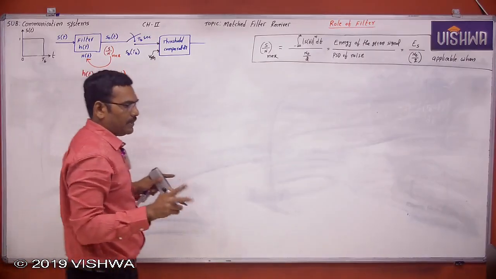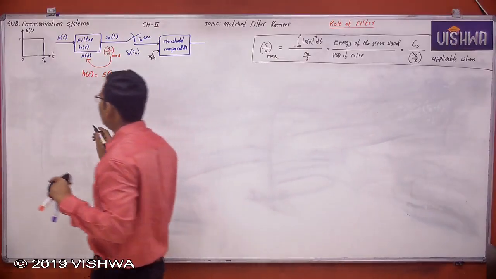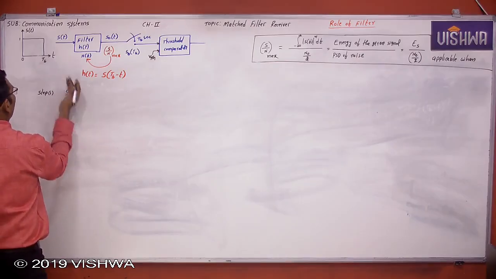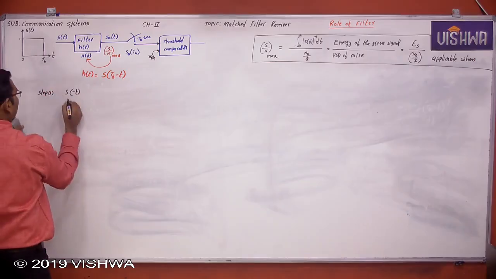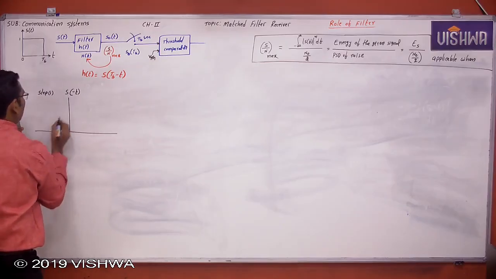For finding the impulse response of the filter, there are two steps. Step one is to fold the signal, s of minus t, folding, inversion.